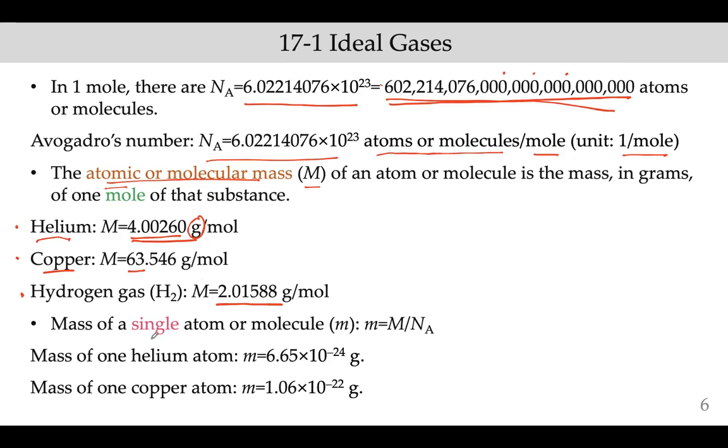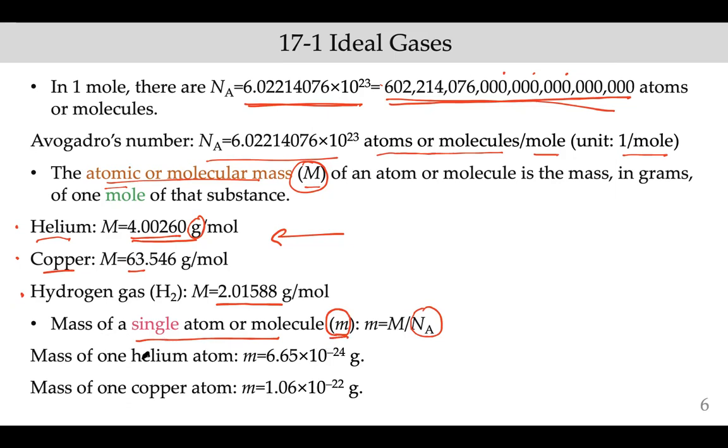So these values are for the masses in grams for 1 mole. But what about the mass of a single atom? It's shown by lowercase m. See, this is uppercase M, this is lowercase m. These values were for 1 mole, this many numbers. So if you divide these mass values by Avogadro's number, you will find the weight of a single atom or molecule.